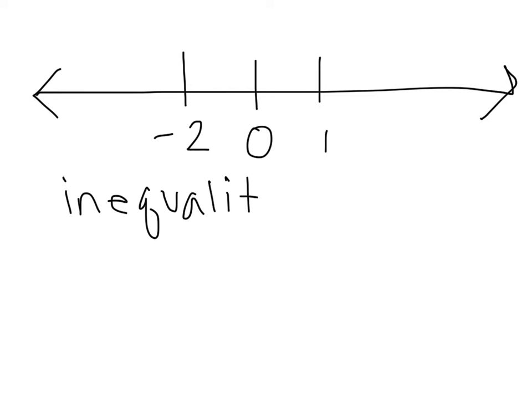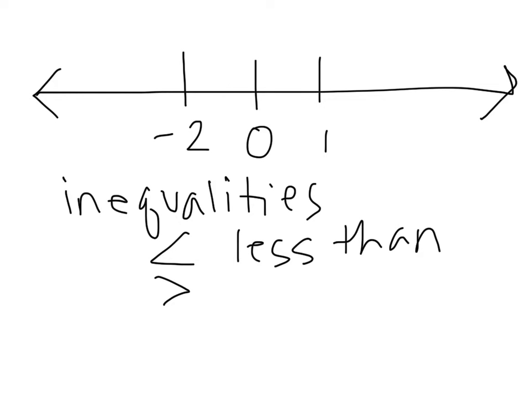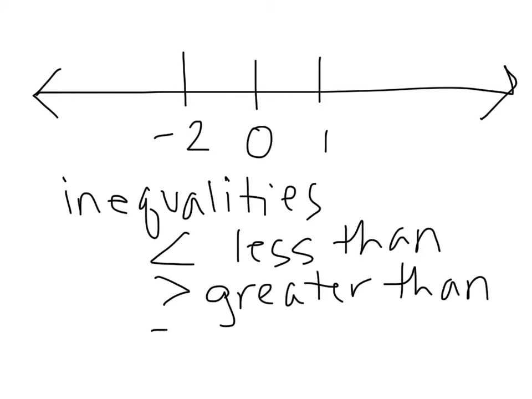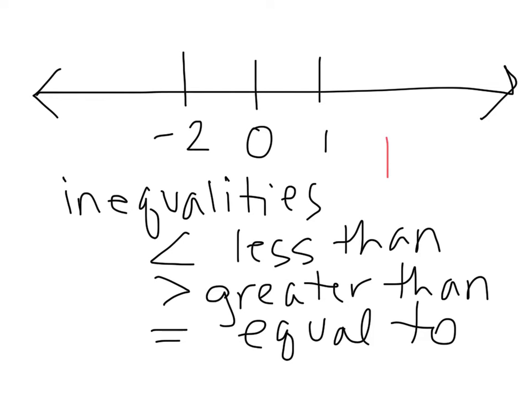Now, inequalities use the symbols less than, greater than, or equal to. I will write the answers in red, but one option we could write is 1 is greater than -2, and also -2 is less than 1. Both of those are true.